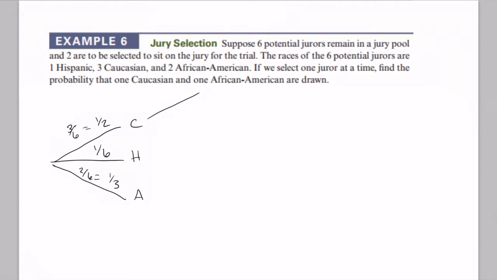And then we have Caucasian, Hispanic, and African American. This becomes 2/5 because we already chose 1, so it's not 6 anymore, it's only 5. 1/5 and 2/5.